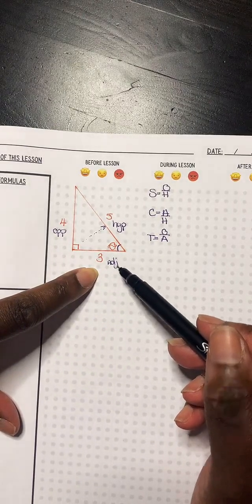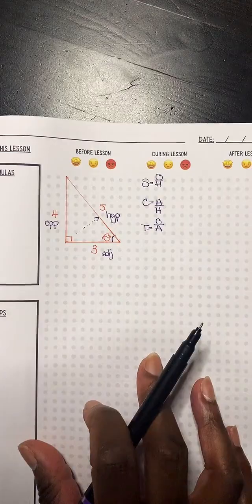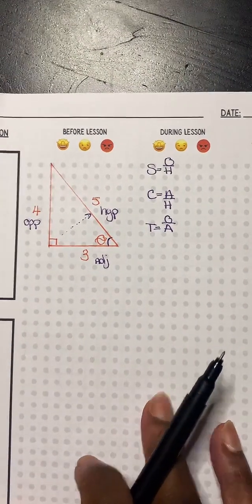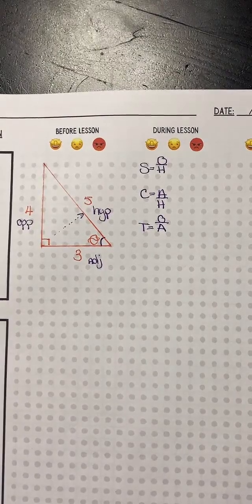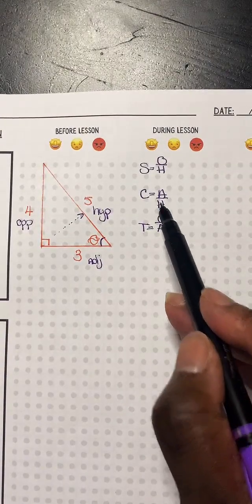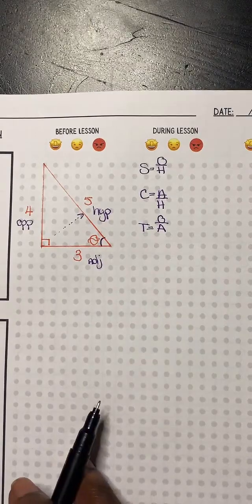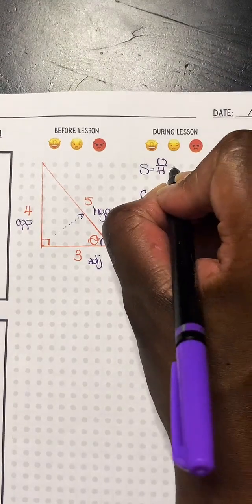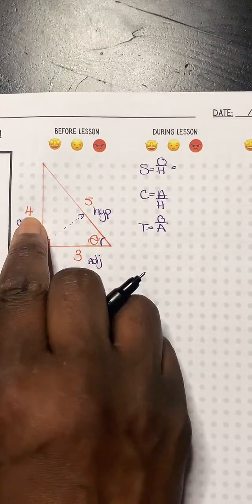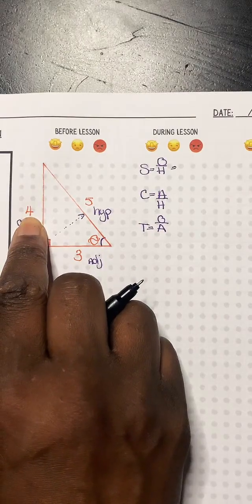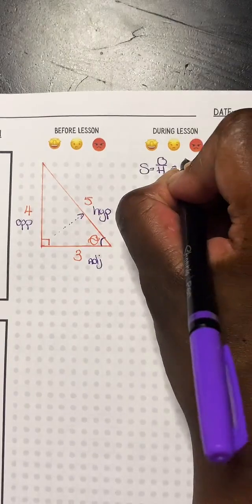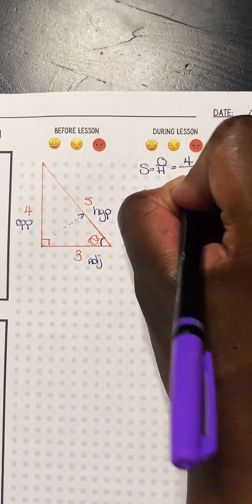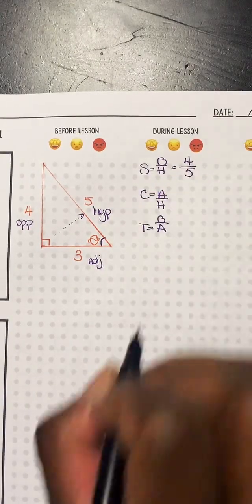Sometimes people like to work it that way. So we want to find the ratios that satisfy our sine, cosine, and tangent. Sine is always opposite, which is 4, over your hypotenuse, which is 5. So your ratio is 4 over 5.